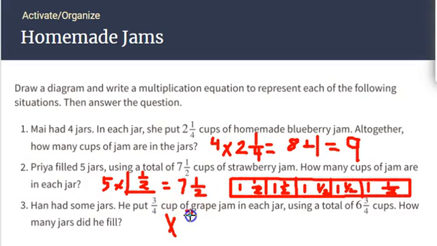Here, we know each jar, but we don't know how many jars. If you think about it, we need to find something times 3/4 is going to give us 6 3/4.